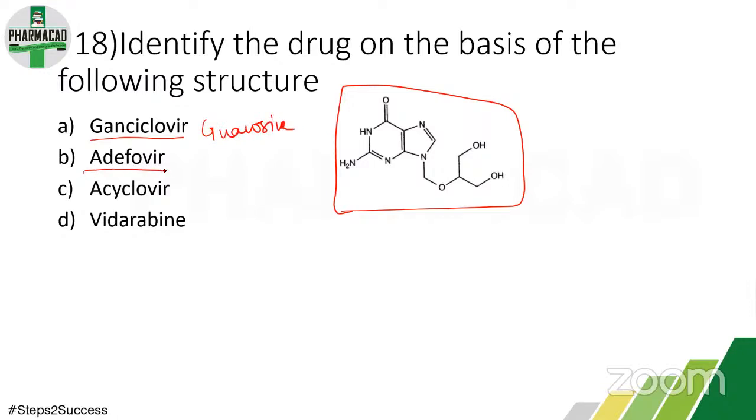Adefovir is an adenosine monophosphate analog. Acyclovir is an acycloguanosine analog. And vidarabine is an adenosine analog.